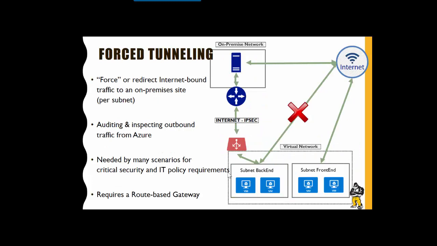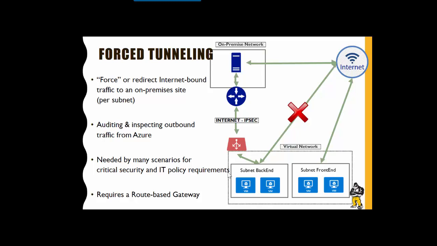Another scenario is force tunneling. It's a bit similar to user-defined routing, but what we're going to do in this scenario is really forcing redirecting internet-bound traffic to an on-prem site, for example. So imagine we have site-to-site VPN running in an on-prem network and communicating with Azure Virtual Networks, where at some point in time we really want to force internet communication only to the front-end subnet, but blocking internet communication to the backend servers.